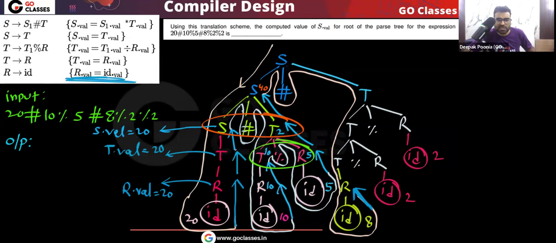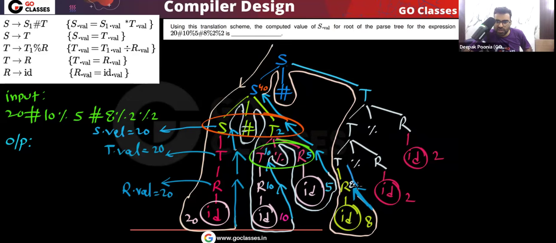Immediately after the reduction, we will execute the corresponding semantic action. So r dot value will become id dot value. Here id dot value is 8, so r dot value also will become 8. Yes or no? So here r dot value will basically become 8.